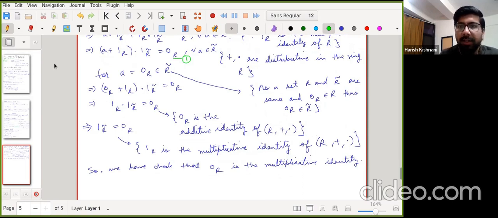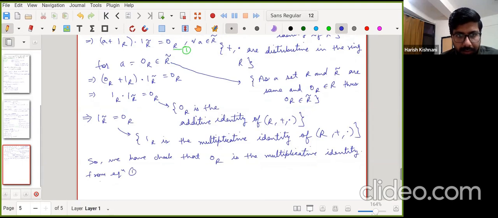And definitely it's going to work out, because from equation 1, A plus 1 of R dot 1 of R tilde is going to be 0 of R.